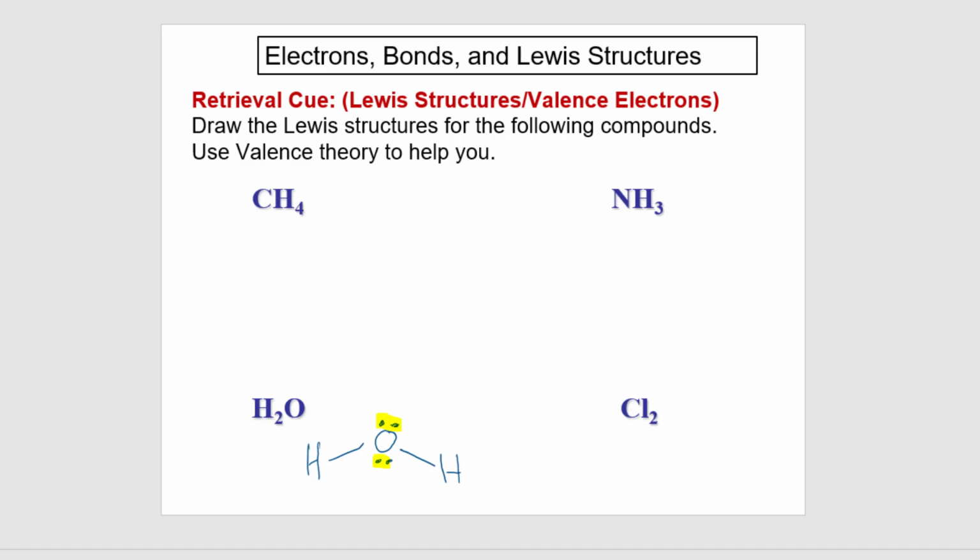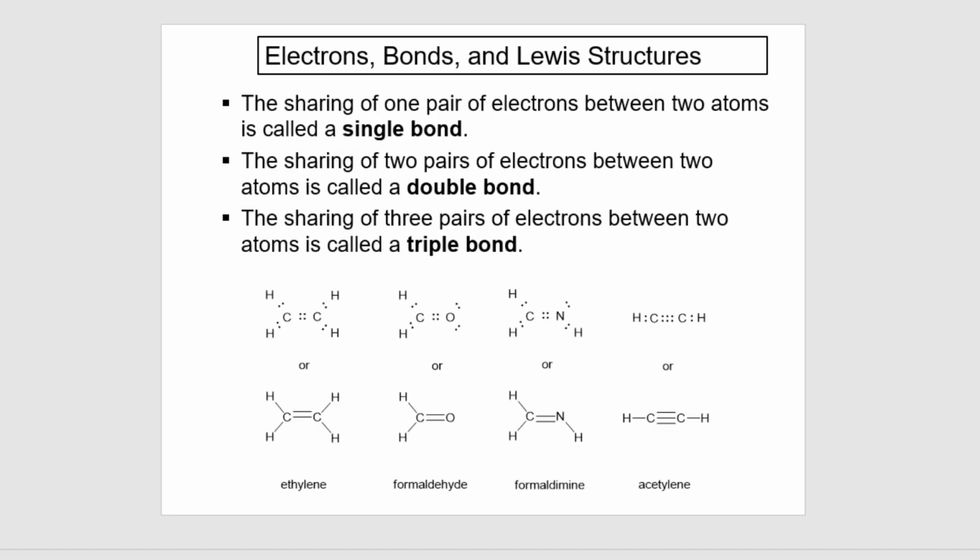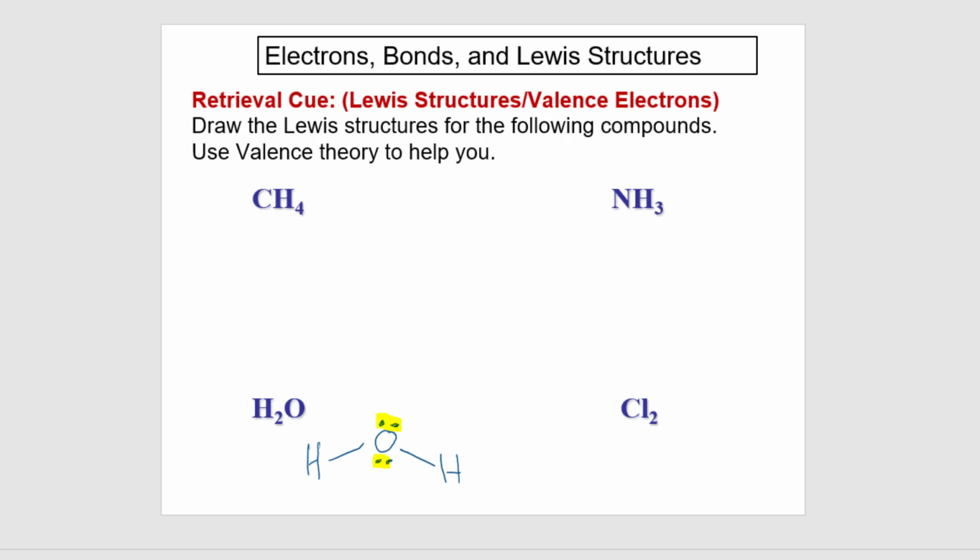Now, one of the things that you may wonder is, well, how do I figure out how to orient all of these atoms? Well, one way that you can do that is if you know the valence electrons. So let's work out this water again.